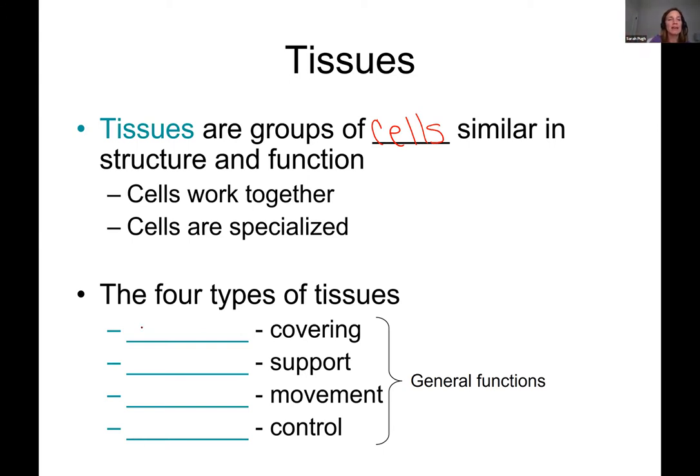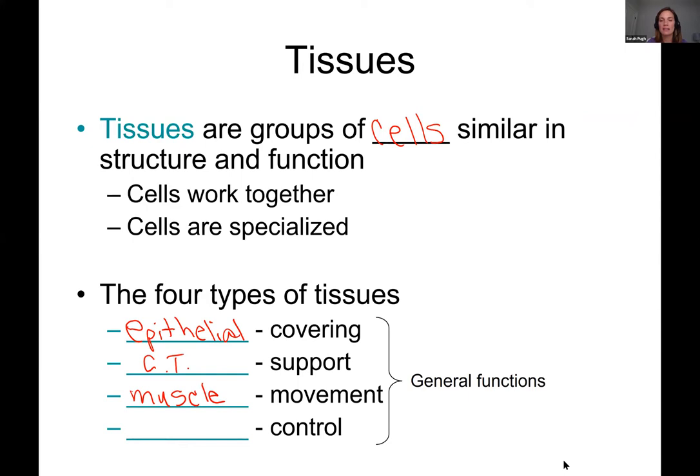So remember we have epithelial tissue. We have connective tissue. I'm just going to write CT up here. What tissue is involved in movement? That should be an easy one, right? Muscle. Yeah, muscle.